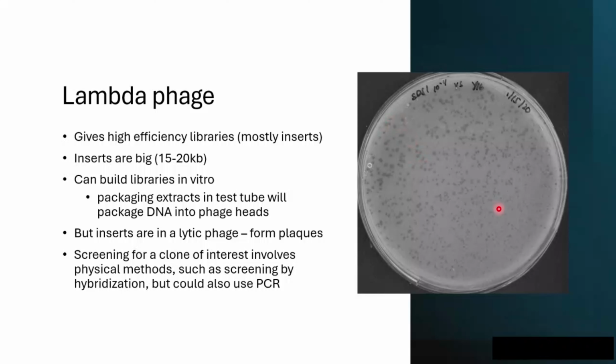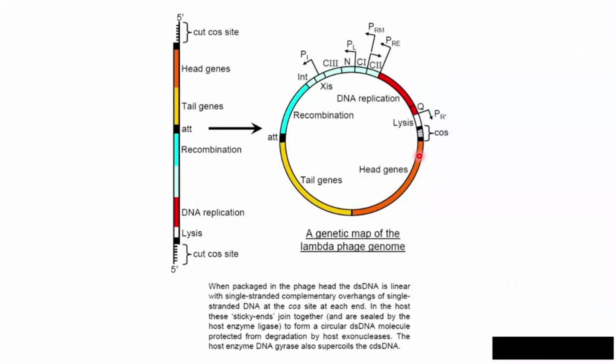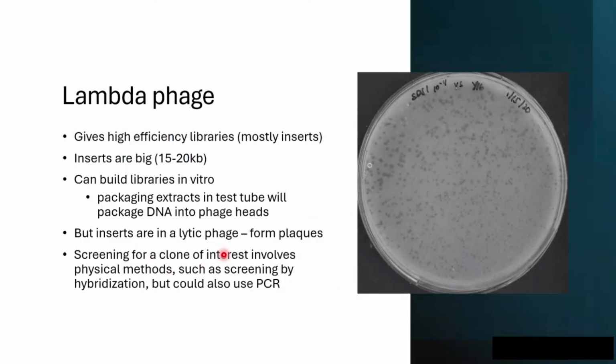This is basically the bacterial colony that is broken up, including these structures here, which went from here to here because of the cohesive sites, the cos sites. You can screen the clones of interest by using hybridization or PCR.